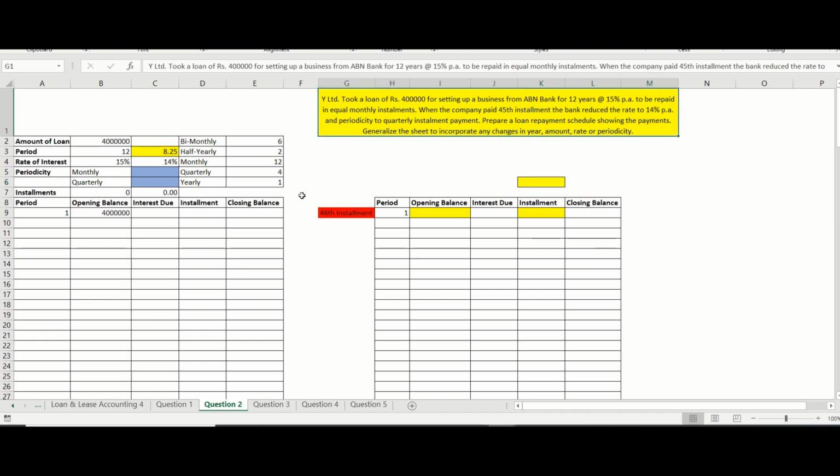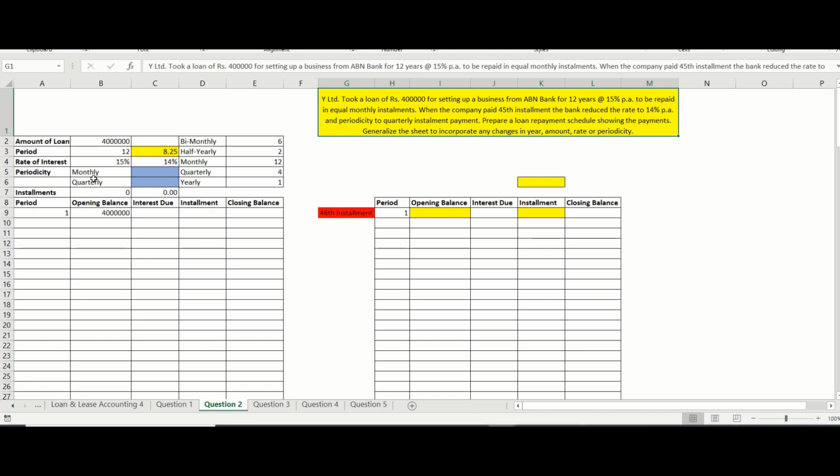Let's read the question. Y Limited took a loan of rupees 40 lakhs. Y Limited is a company that is borrowing a loan from a financial company. The amount of the loan is 40 lakhs for setting up a business from ABN Bank for 12 years. The period is 12 at 15% per annum. The annual rate of interest is 15% to be repaid in equal monthly installments.